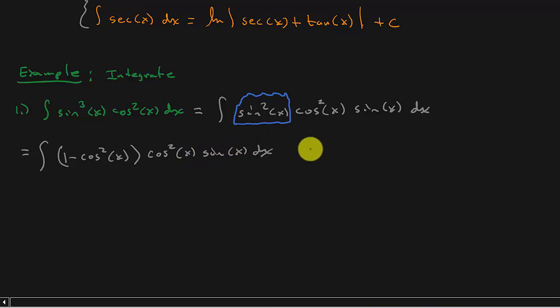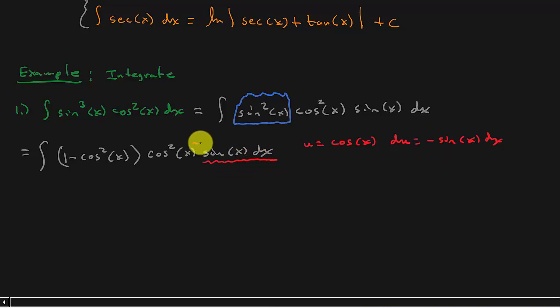And so now I can let u equal cosine x, and du is negative sine x dx. So what am I missing? Right here I have sine x dx, but I need negative sine x dx.